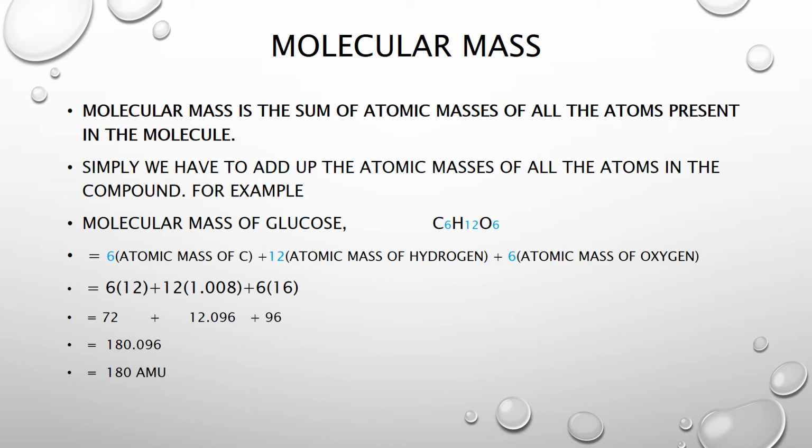In the same way, 12 atoms of hydrogen will be multiplied with the atomic mass of hydrogen. And then 6 oxygen atoms, this number will be multiplied by the atomic mass of oxygen. And finally, we will add up all these and get the molecular mass of the compound.